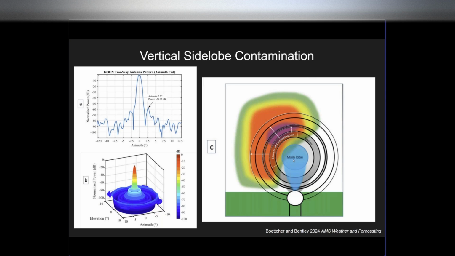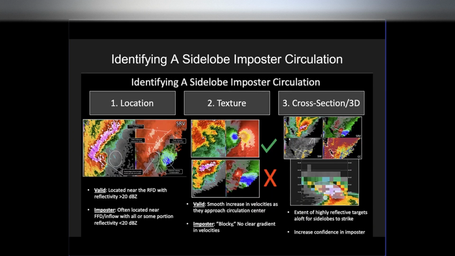When that main lobe fires off from the radar, and here's a thunderstorm, the lobe is cylindrical. The main power of the beam is the middle, but you might end up getting these weaker side lobes of the cylindrical part of the beam, the pulse going out. It might send back some bad data. So what happens is it's an imposter circulation.